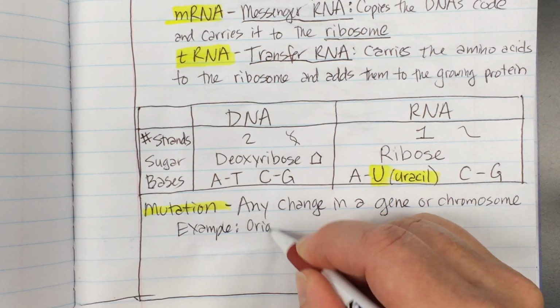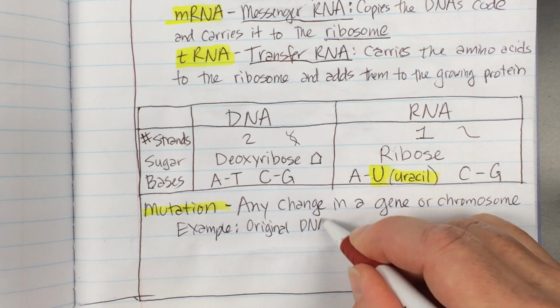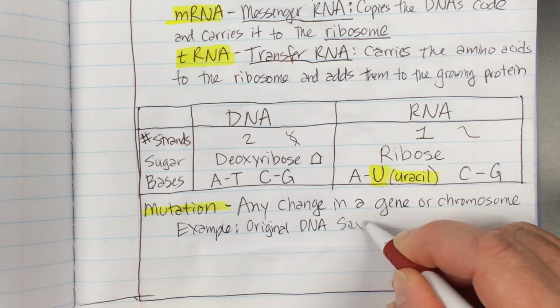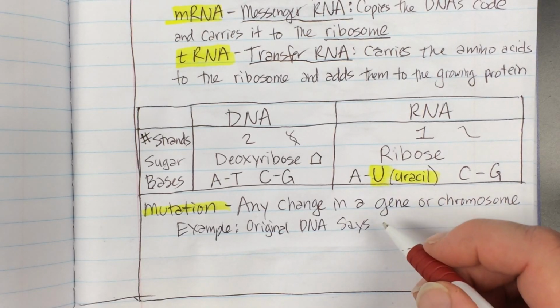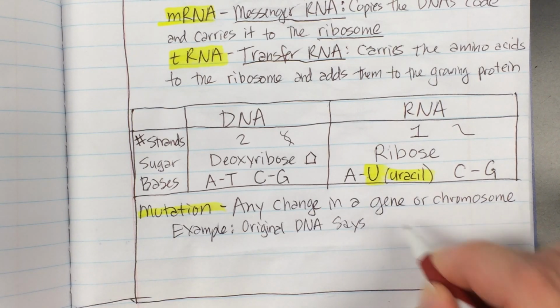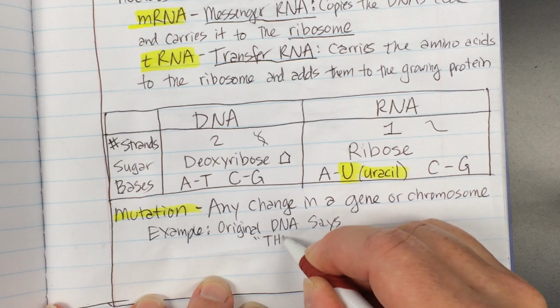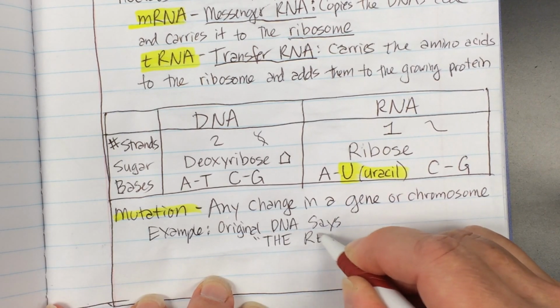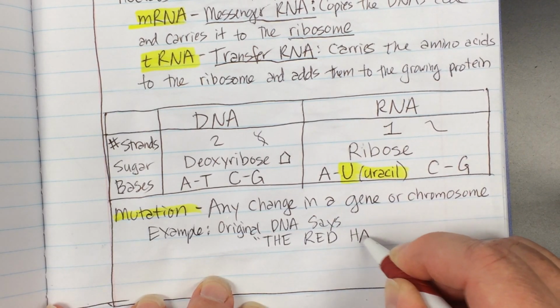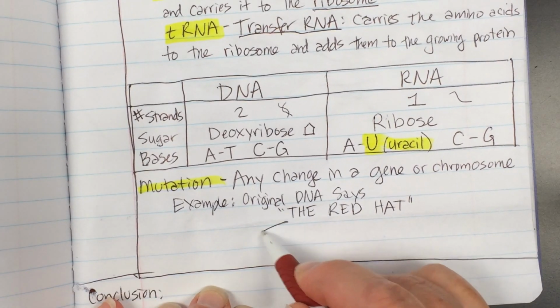Let's say the original DNA says the red hat. Okay, there's 3 different changes that can happen.